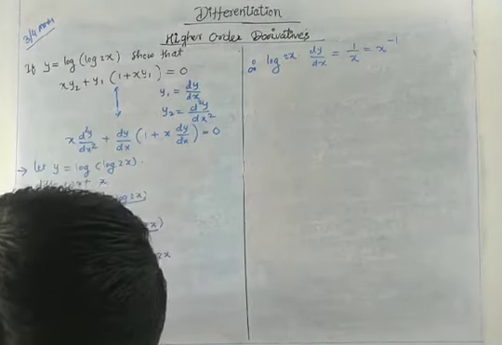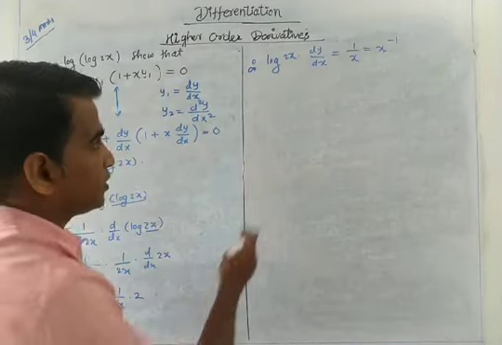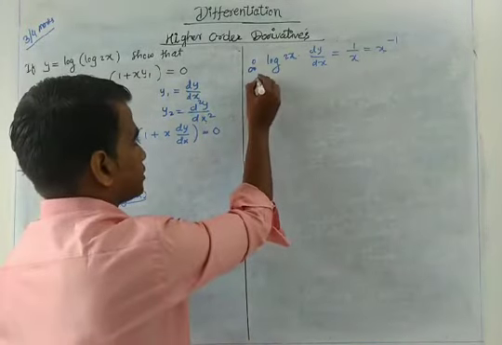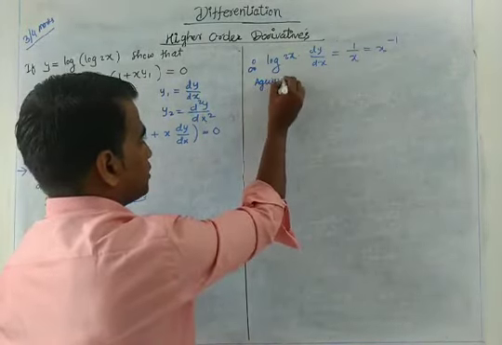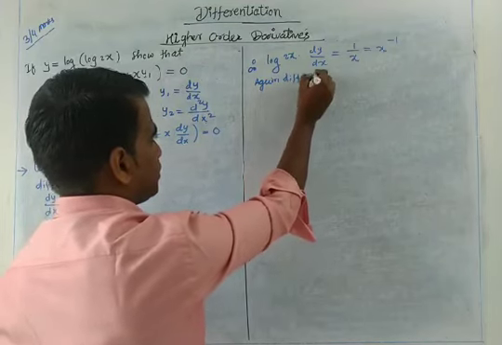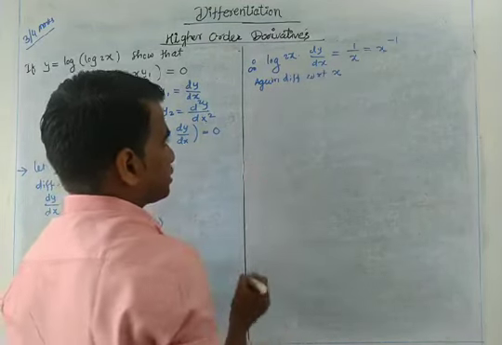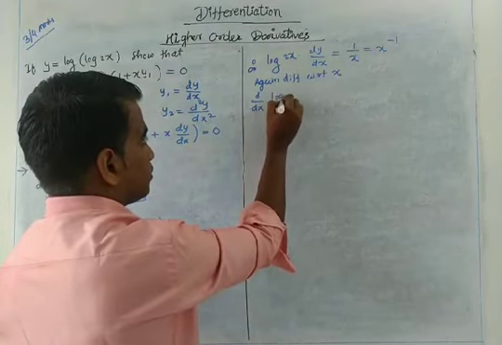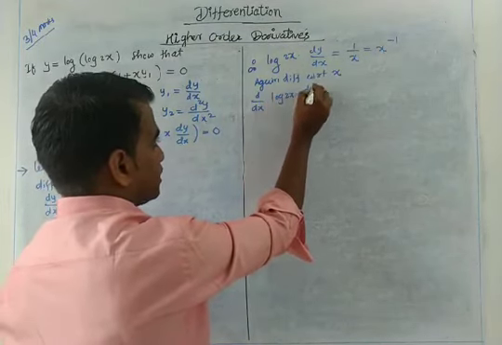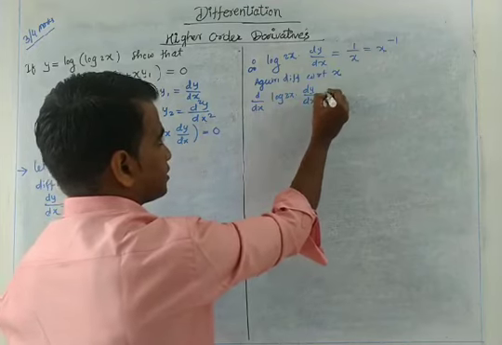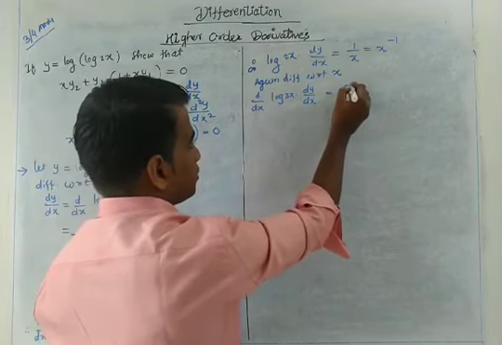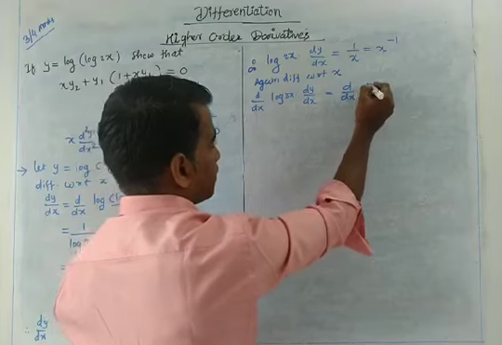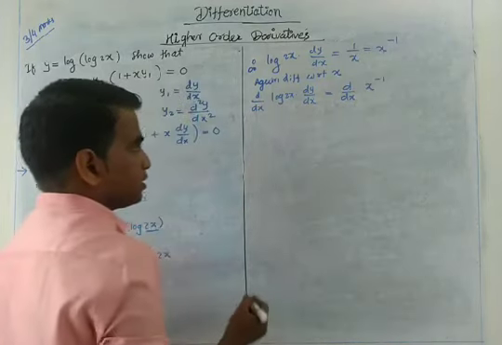Okay, now differentiating with respect to x. So again, differentiating with respect to x, we will get d/dx of log of 2x into dy by dx is equal to d/dx of x raised to minus 1.